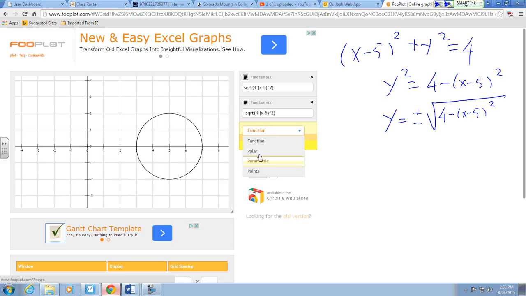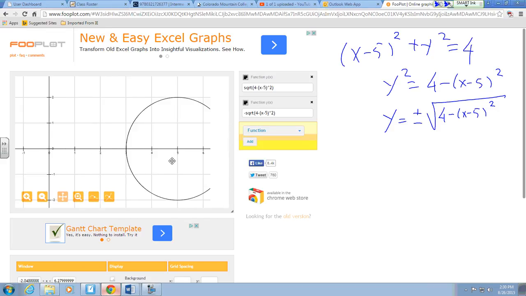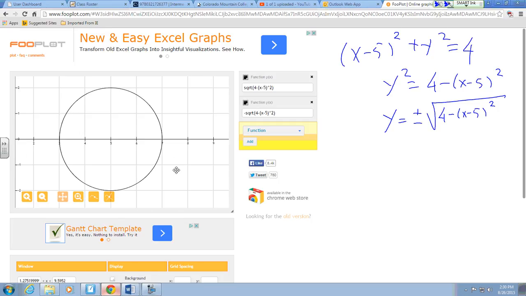No, it's like a different type of coordinates. Polar are fun. Yeah. But see, that's the only way I know how to graph a circle using your regular Cartesian plane.